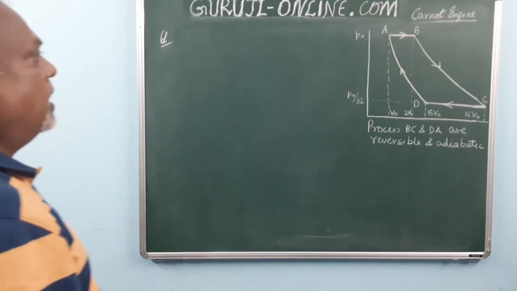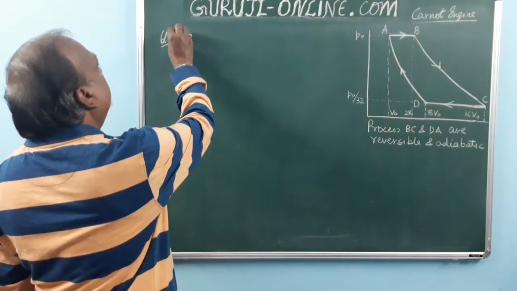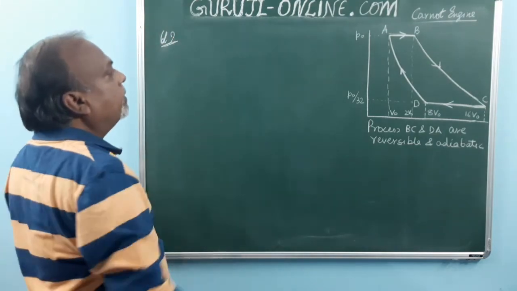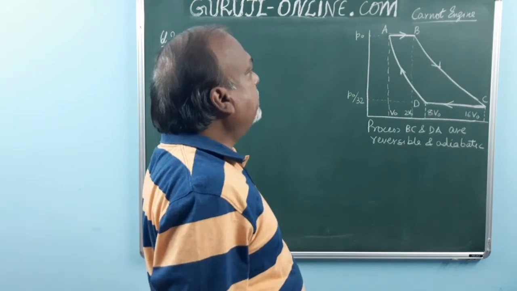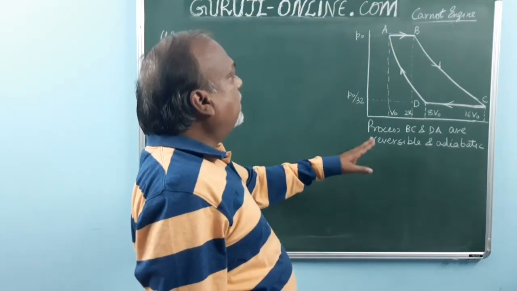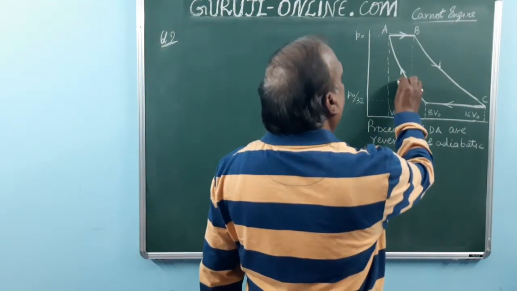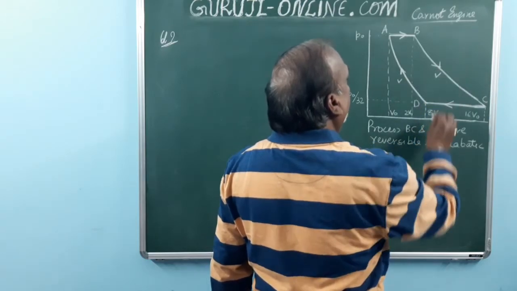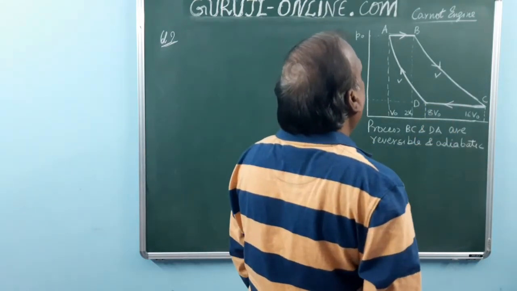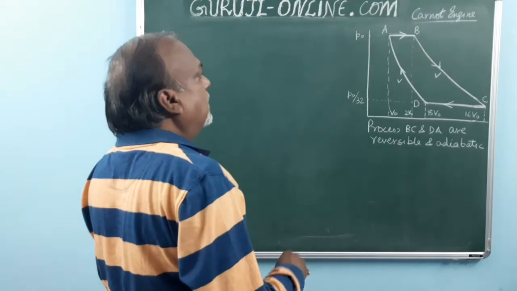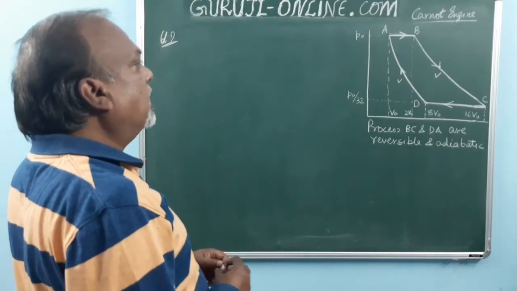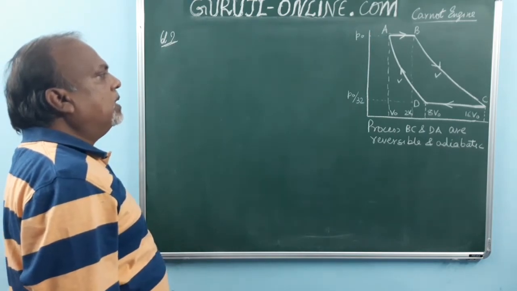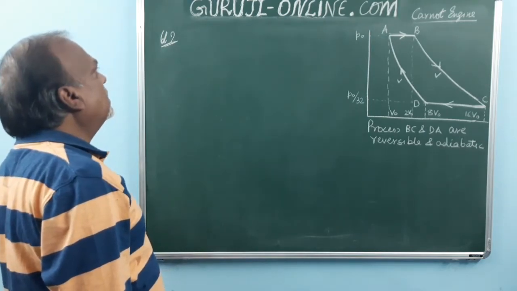So this is the second question. In this question, this Carnot cycle is given and these two processes are adiabatic processes, meaning no heat is exchanged during these two processes in the system.